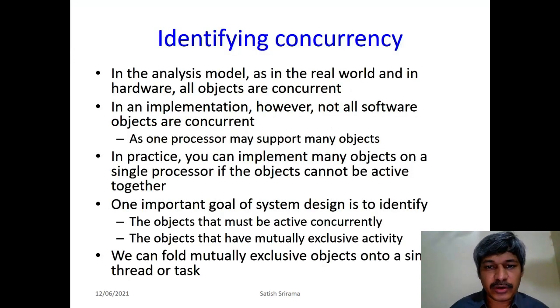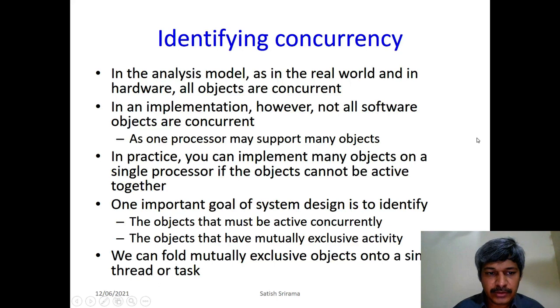In the analysis model, as in the real world and in hardware, all objects are concurrent. However, in an implementation, not all software objects are concurrent, because you will be putting several of these objects into a single processor. One processor may support many objects.